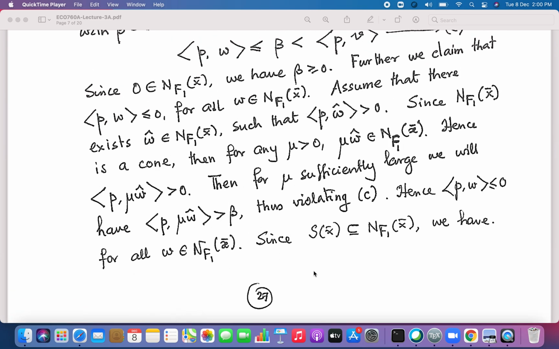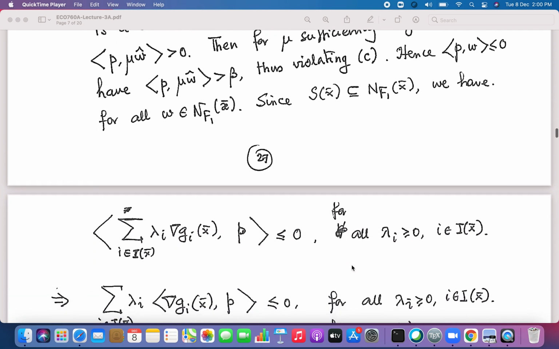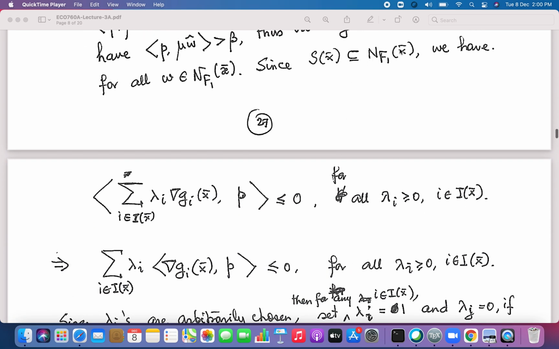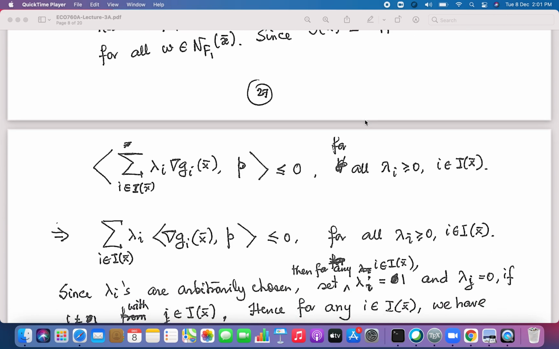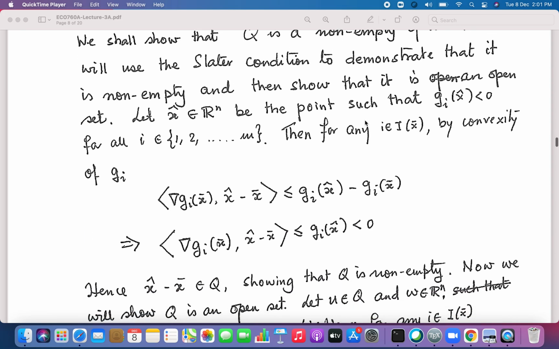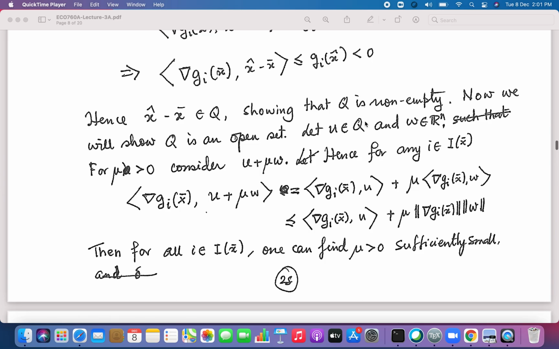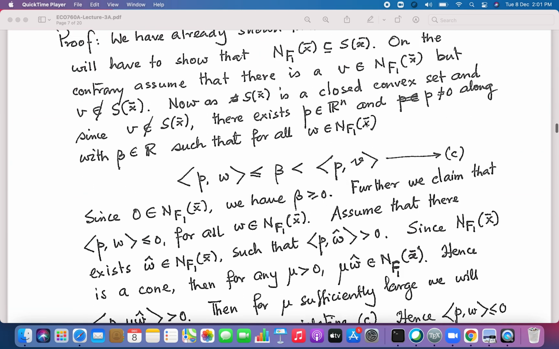There is a little mistake, but what I claim, that PW is less than or equal to 0 for all W element of Sx bar, is true, but I had made a mistake in writing NF1 x bar. I apologize. So this whole argument is not required. I think I have not carried over that mistake anywhere else. So we will not get too much into its details.